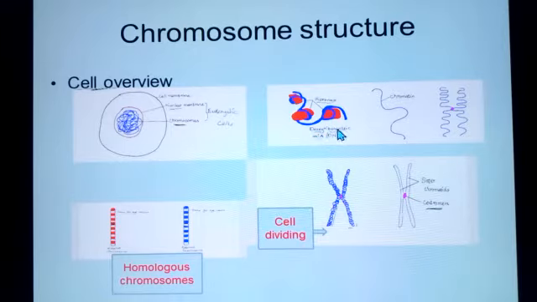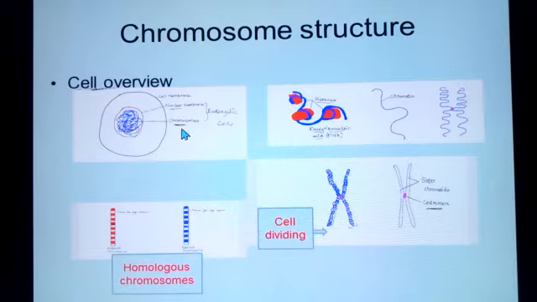Now, if you look at the structure of the chromosome, number one, we say they are thin, long, thread-like structures. And these structures take two forms. Either they are observed within the nucleus of a cell that is undergoing division, remember, at prophase stage.